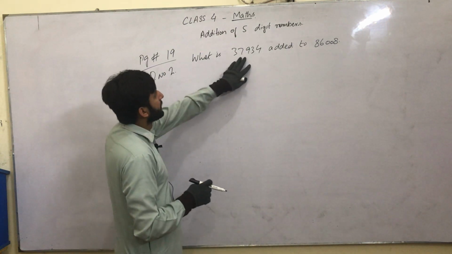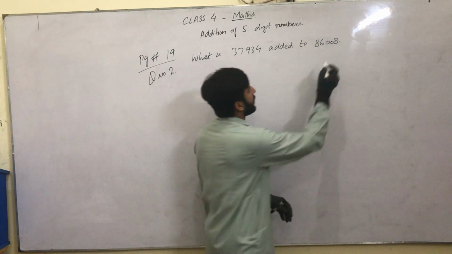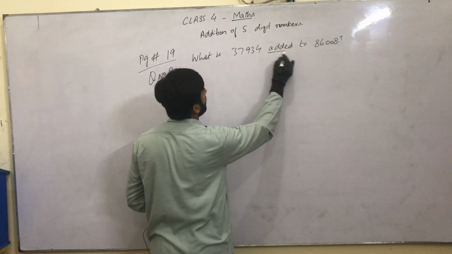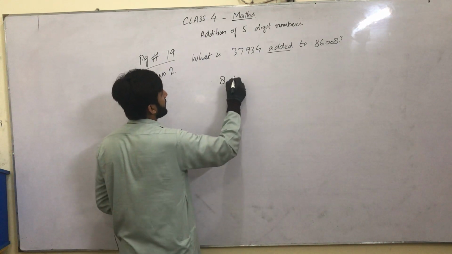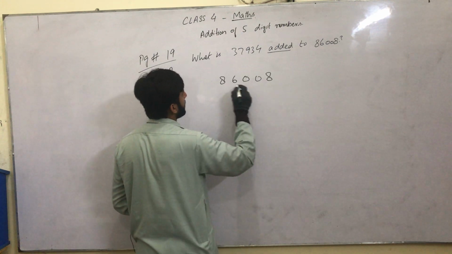We have to find the addition because there is the word added. 86008 and 37934.